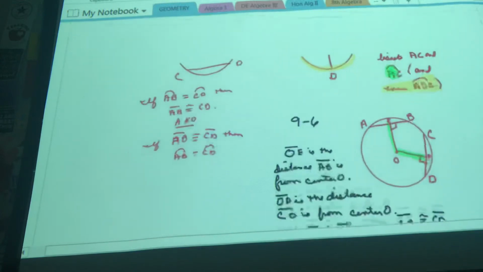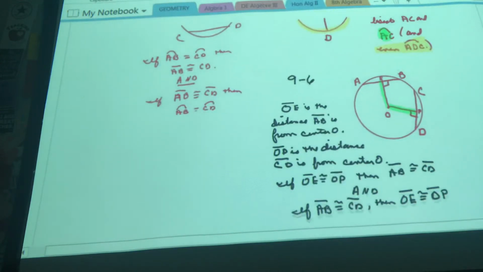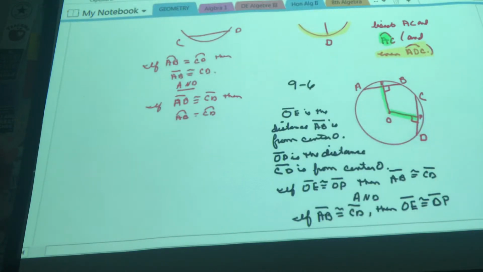Now let's look at Theorem 9.6. Here we have chords AB and CD. The distance that chord AB is from center O is marked in green, OE. And I'll put a little mark on that. We've learned previously that the distance from a point to the line is the perpendicular distance from the point to the line.